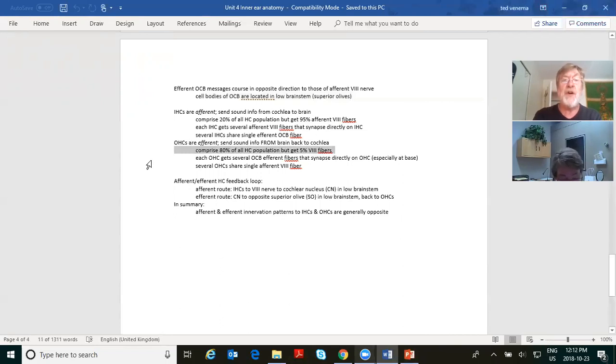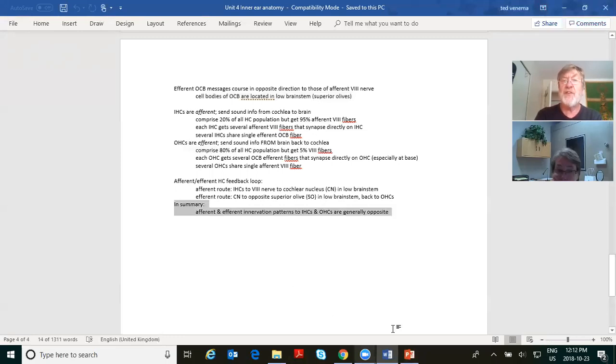Each outer hair cell gets several olivocochlear bundle efferent fibers that synapse directly on the outer hair cell, and several outer hair cells have to share a single afferent eighth nerve fiber. So basically, in summary, afferent and efferent innervation patterns are generally the opposite.